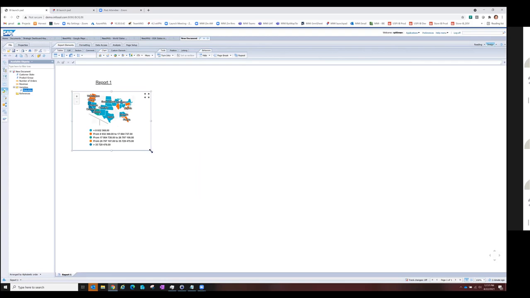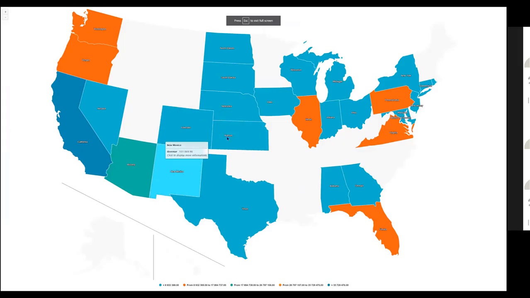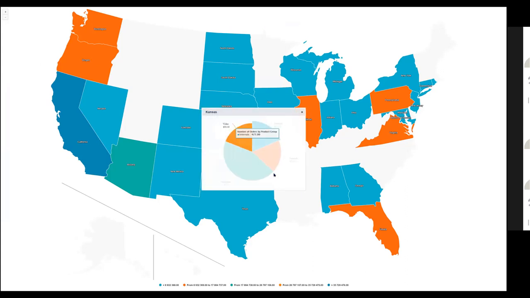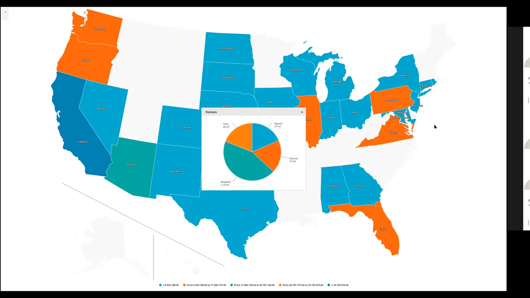And then I can resize this a little bit. And now when I go into the full screen mode, I can look at my states here and view my product groups designation here. There's Kansas, here's Indiana, open on top of it, and I can compare. And then I might decide, I think I want to look at this in bars rather than pie charts.